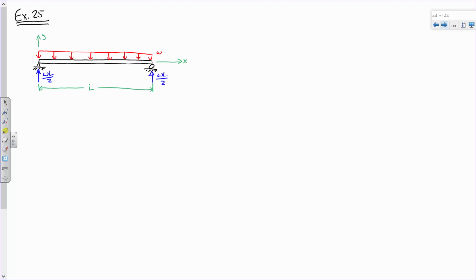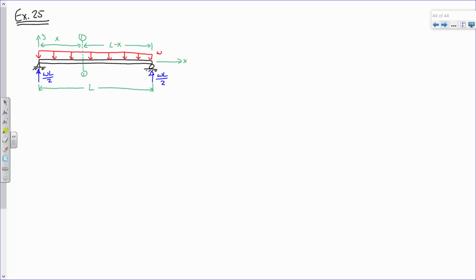Now what I'm going to do is cut a section at some random point right here. So what I mean by some random point is that this distance right here is x. Okay? So if you want, although it doesn't really matter, this distance is L minus x. Now I'm going to cut a section and look to the left.